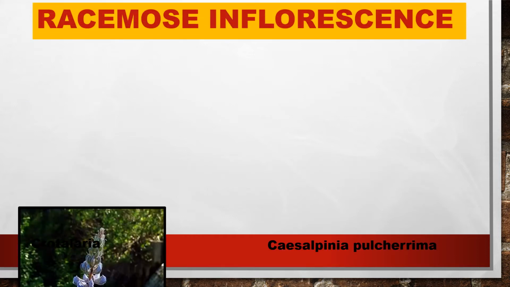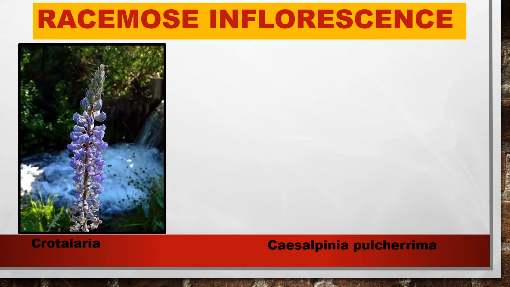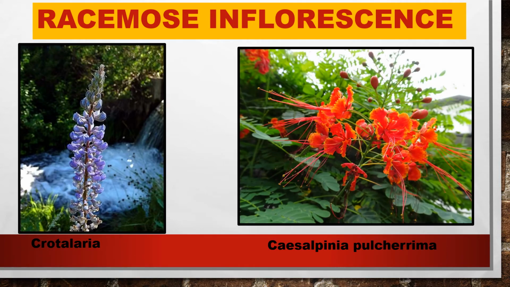Examples of racemose inflorescence include Crotalaria, Caesalpinia pulcherrima. You can see that the younger flowers are borne on the top of the peduncle and the older flowers will be seen on the base portion.